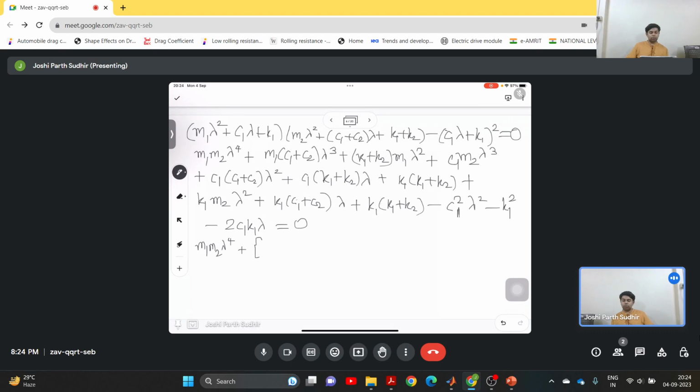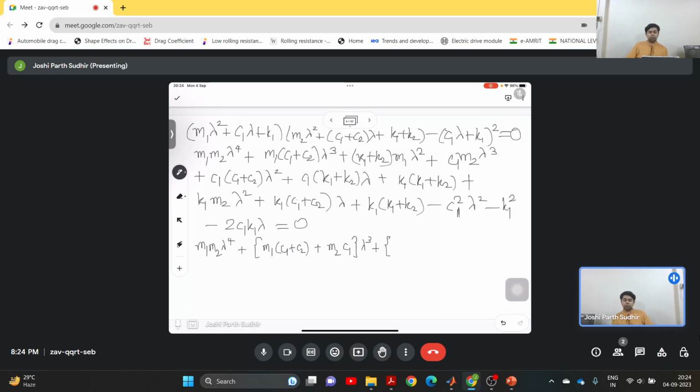So it will be m1 into c1 plus c2, plus m2 c1, lambda cube. So those are the terms for lambda cube.